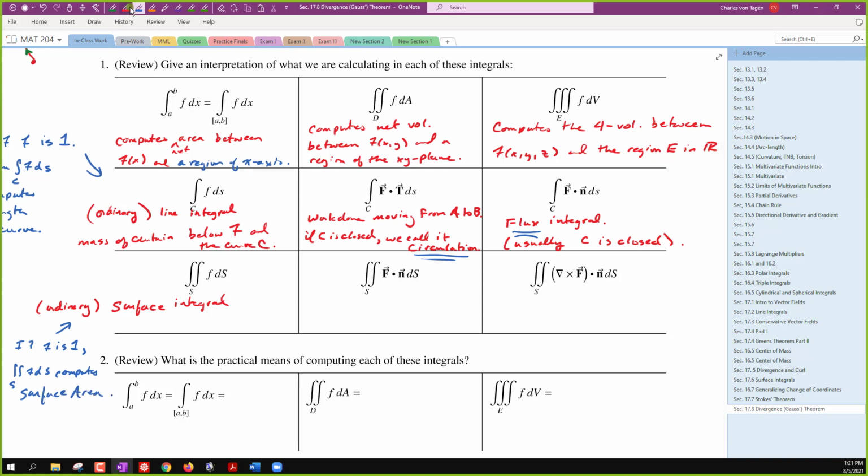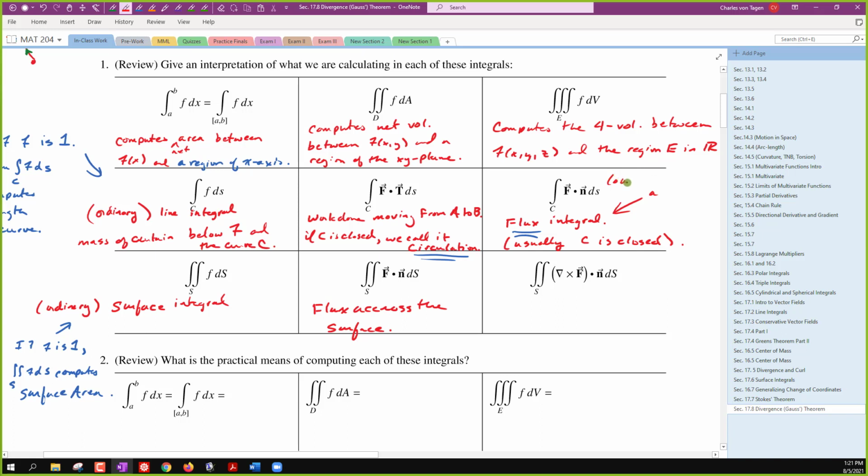Okay? So this integral here computes the flux across the surface. And if you wanted to, you could have said that this computed the flux, and specifically outward flux.